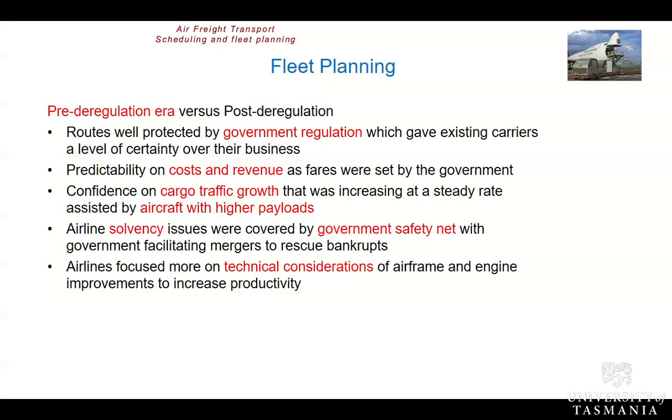So it was more about, okay, we can get a new aircraft, it's going to give us greater payload, this is going to improve our profitability, without looking at other aspects of the airline. So ultimately it was very much a production orientation. So there was no real marketing focus or marketing orientation.